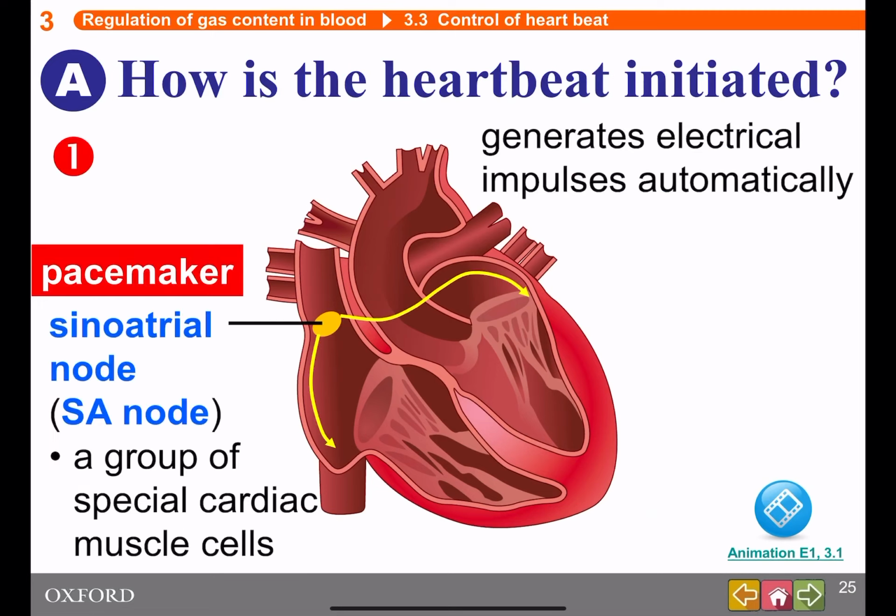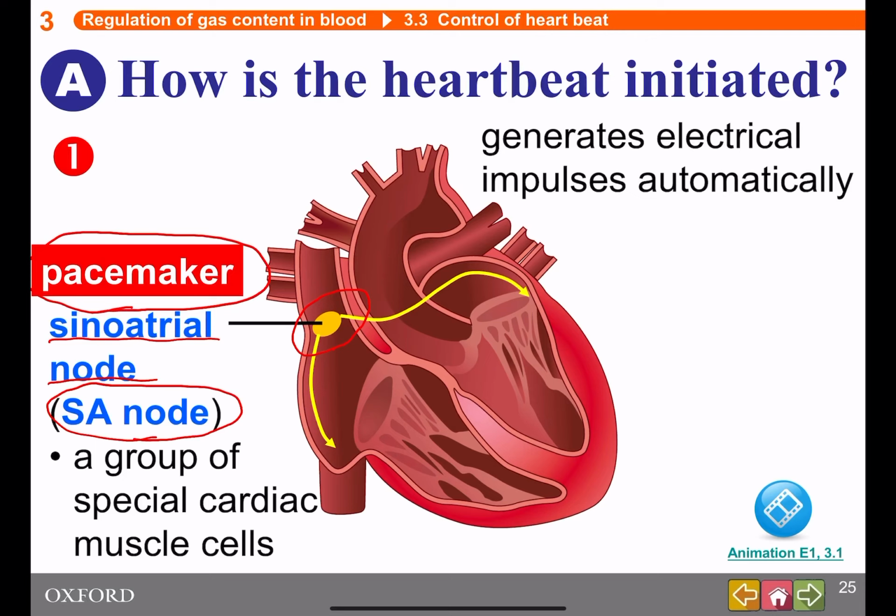The first part refers to a special part of the heart. It is near the right atrium. We call it the sinoatrial node, or in short, you can just call it SA node. Another name for it is pacemaker, because it determines the pace of heartbeat.